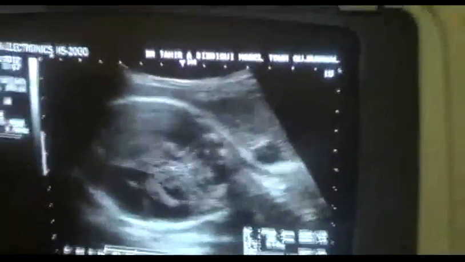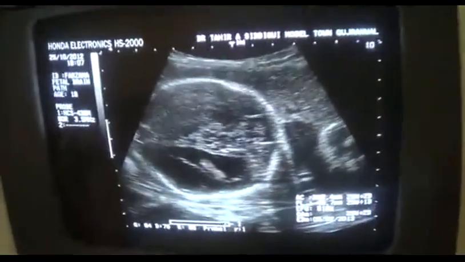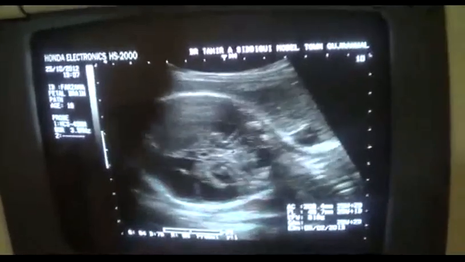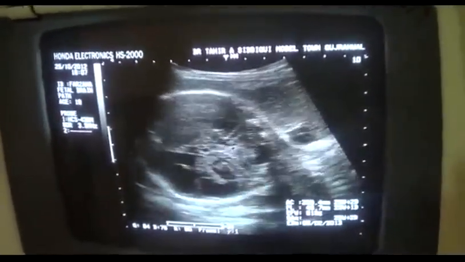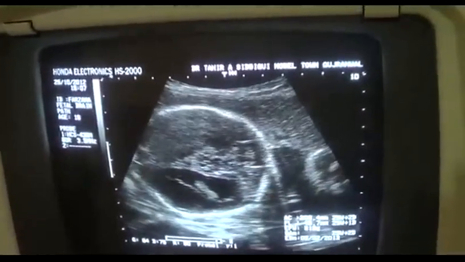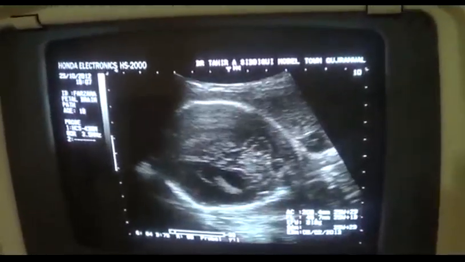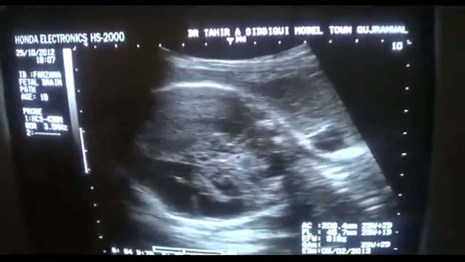So this is a case of fetal anomaly in which we did see hydrocephalus, but in a bit different form.